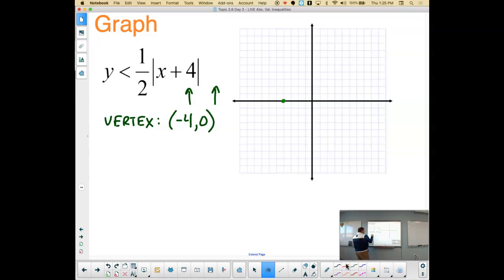This number right there gives me my right side slope and my left side slope.